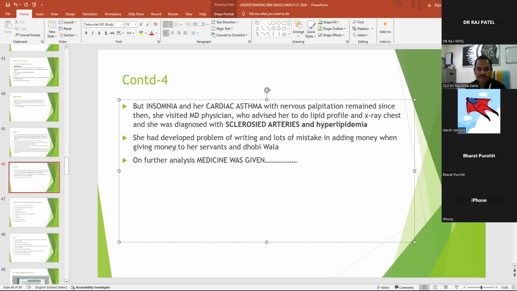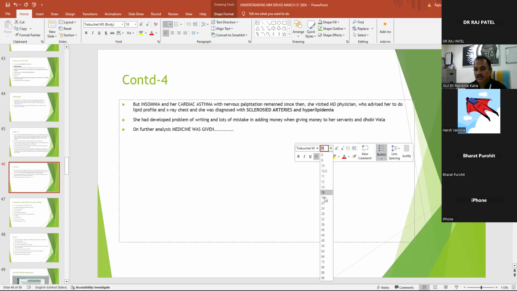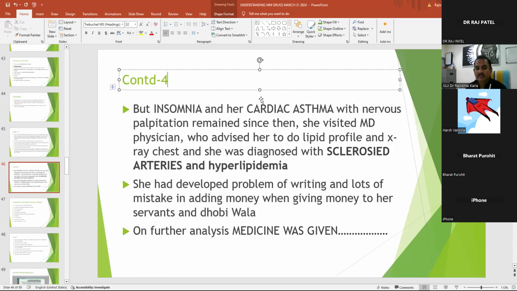Underline this. She had developed a problem of writing and a lot of mistakes in adding money when giving money to her servant and the washerman. She has difficulty in counting, calculation difficulty.